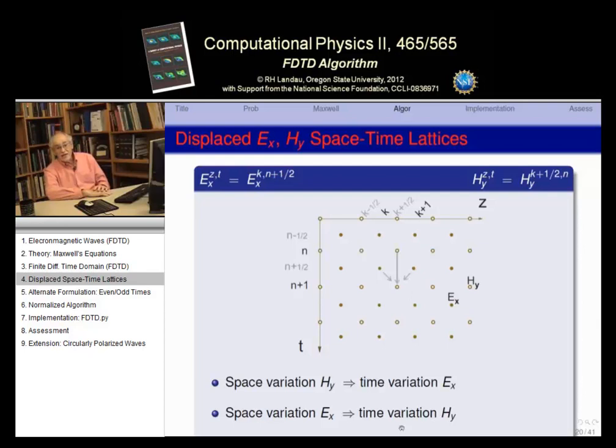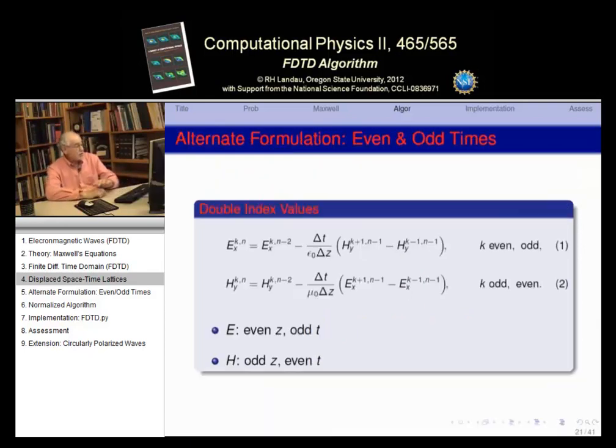Okay, if that's too much for you, and some people don't like that, there's an alternate formulation. You can say, why don't we just get rid of all these halves by multiplying everything by 2? That gets rid of the halves. Then we have even and odd times, and some people prefer that.